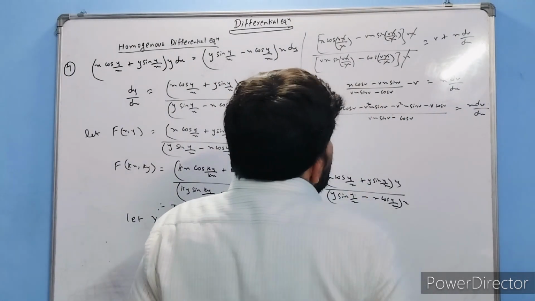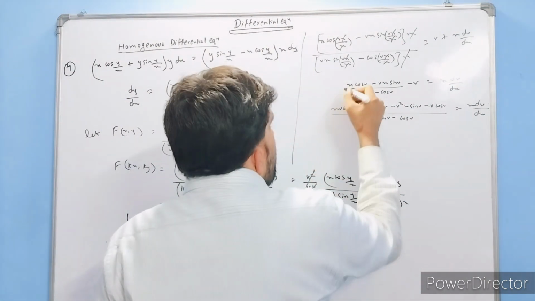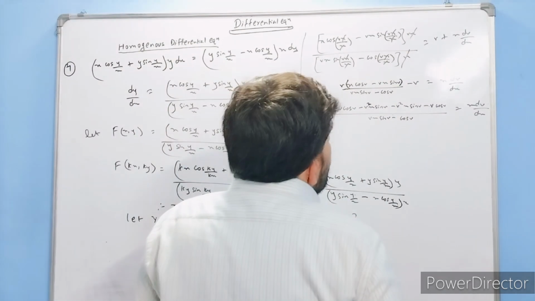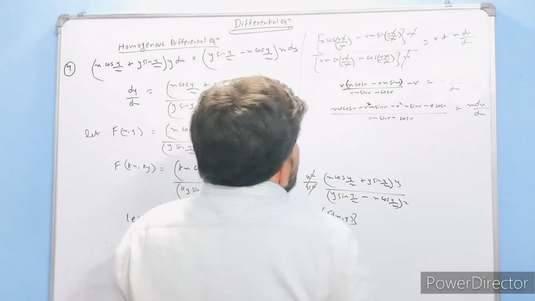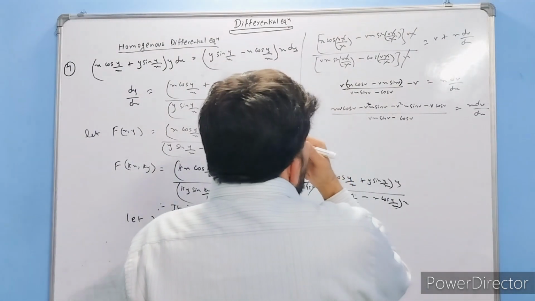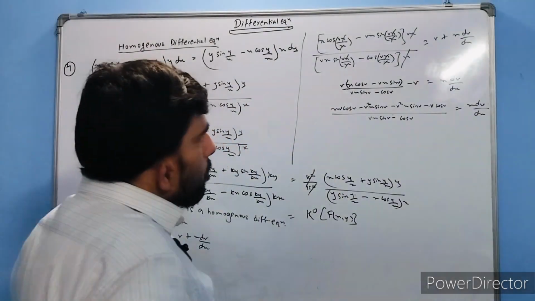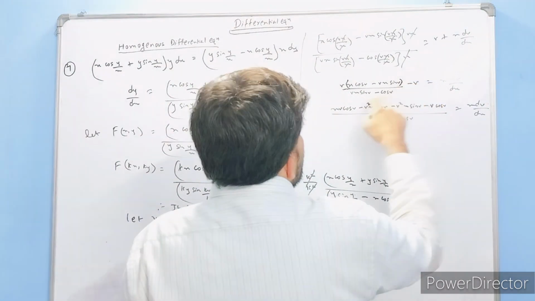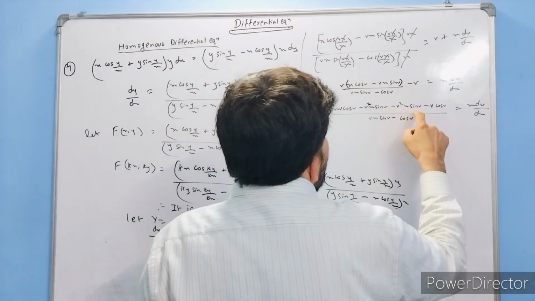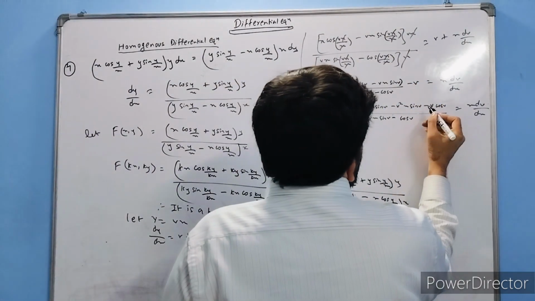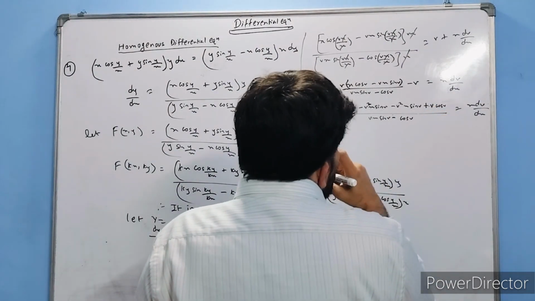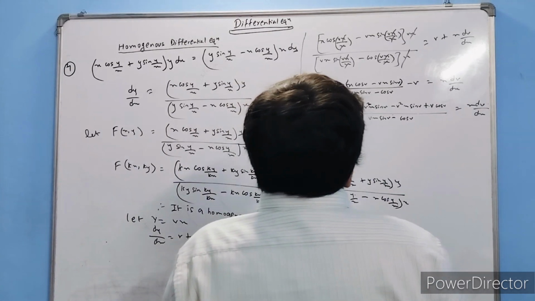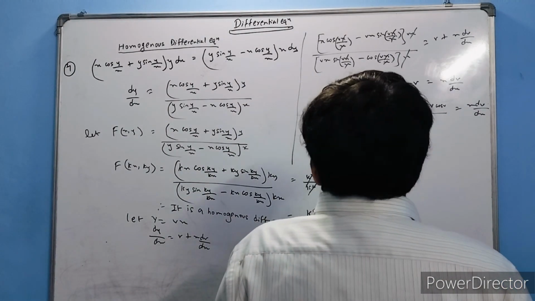Okay, so now what we can do here, we can see what we have. If I take LCM here, minus v, so minus v squared x sin v, we have plus v cos v. Okay, so now we'll try to see, we have xv cos v here and we have v cos v.